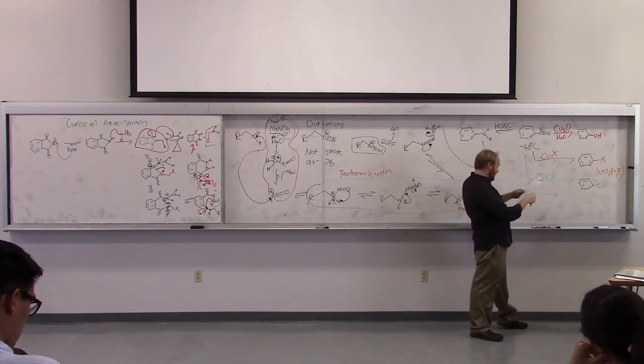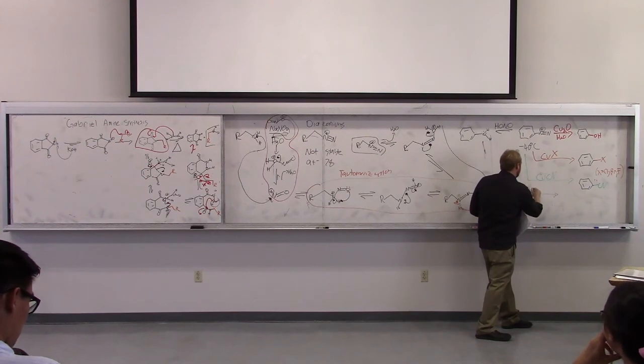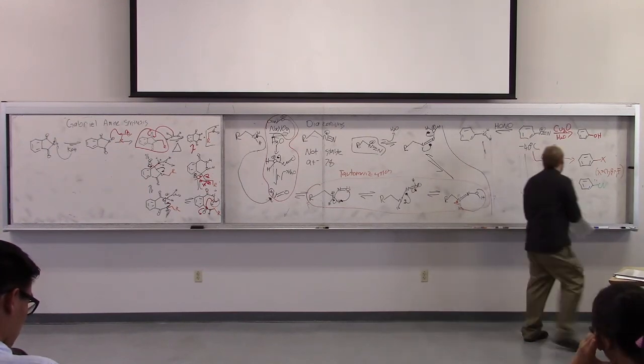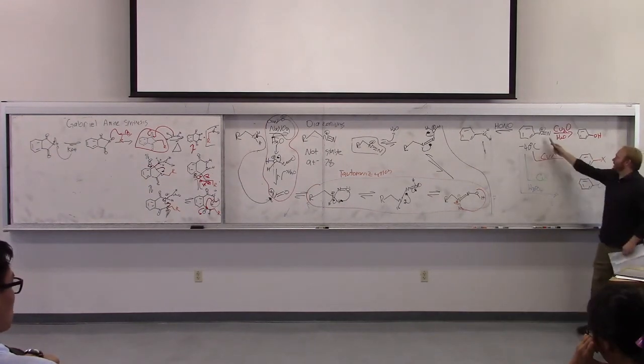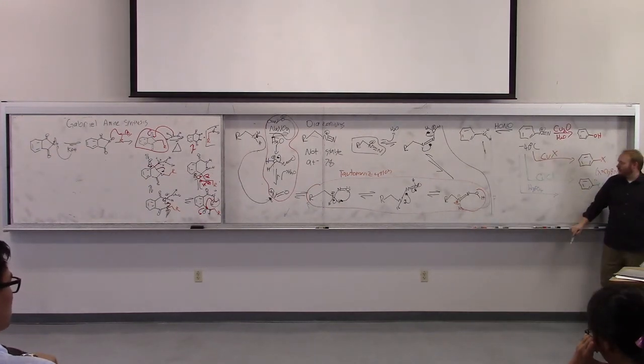Another thing people like to do is throw in phosphoric acid. And if you throw in phosphoric acid, you're going to replace the diazonium with a hydrogen.